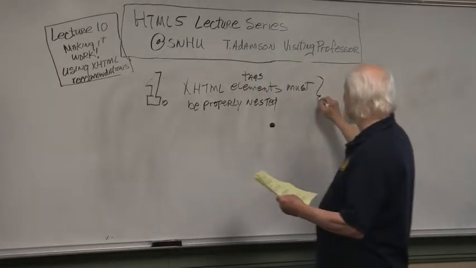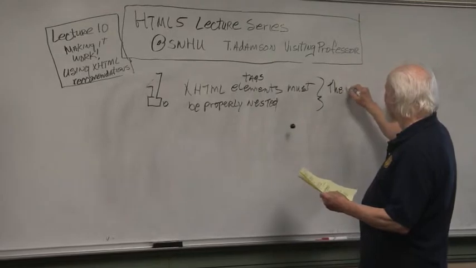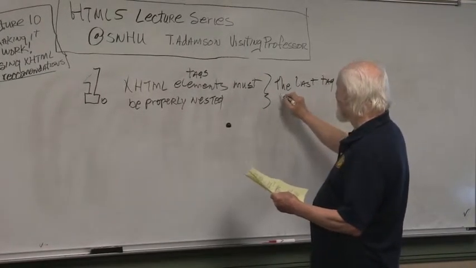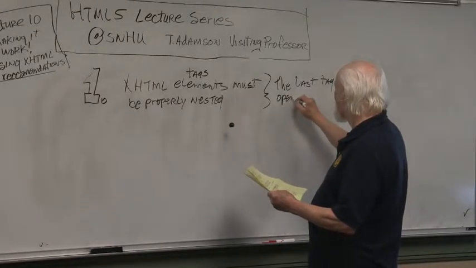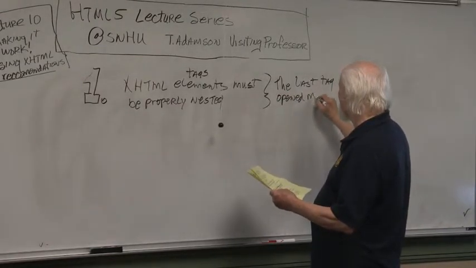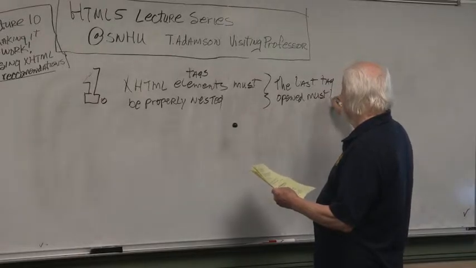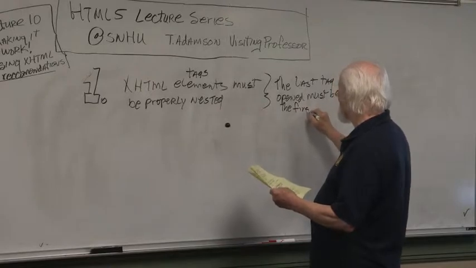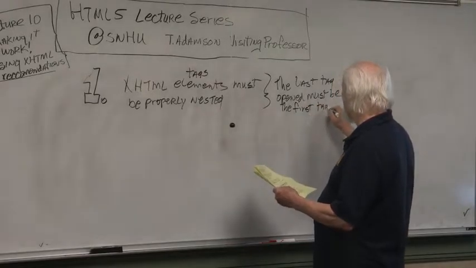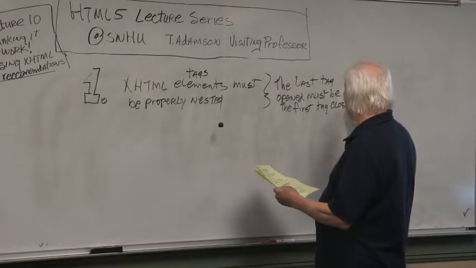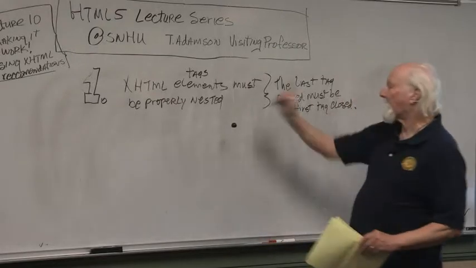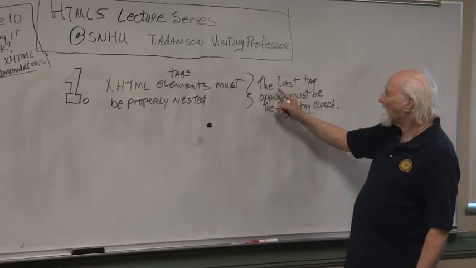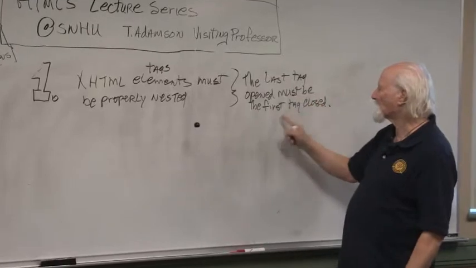And what that means is that the last tag opened must be the first tag closed. Okay, XHTML tags elements must be properly nested. This means that the last tag open must be the first tag closed.